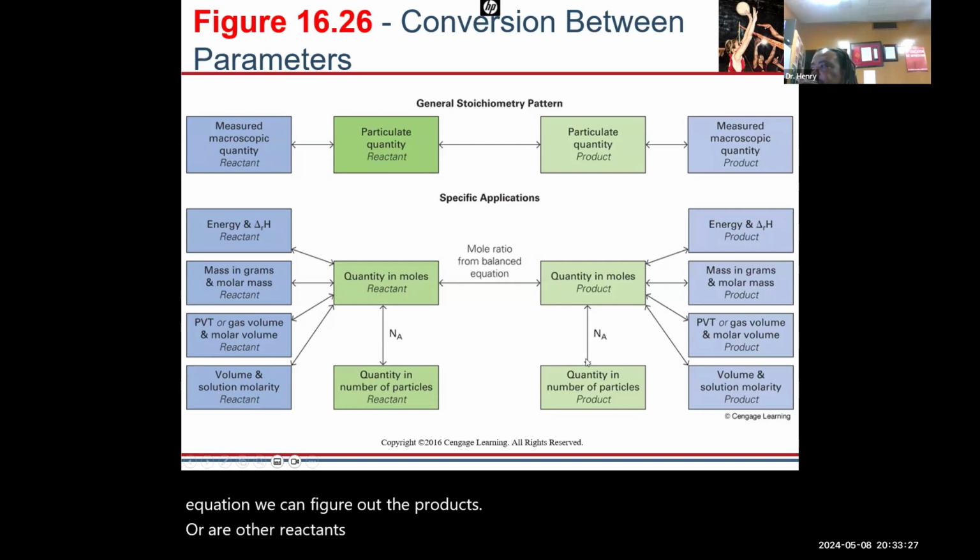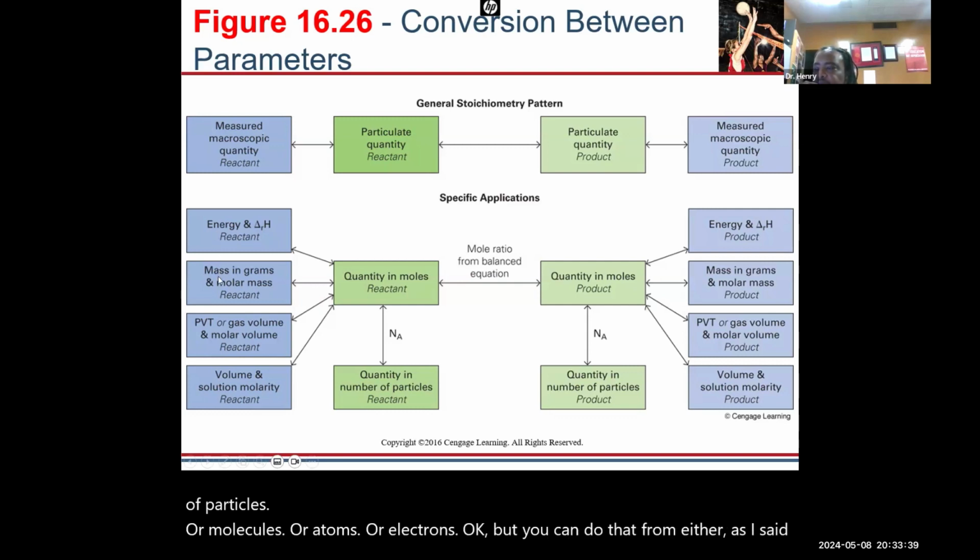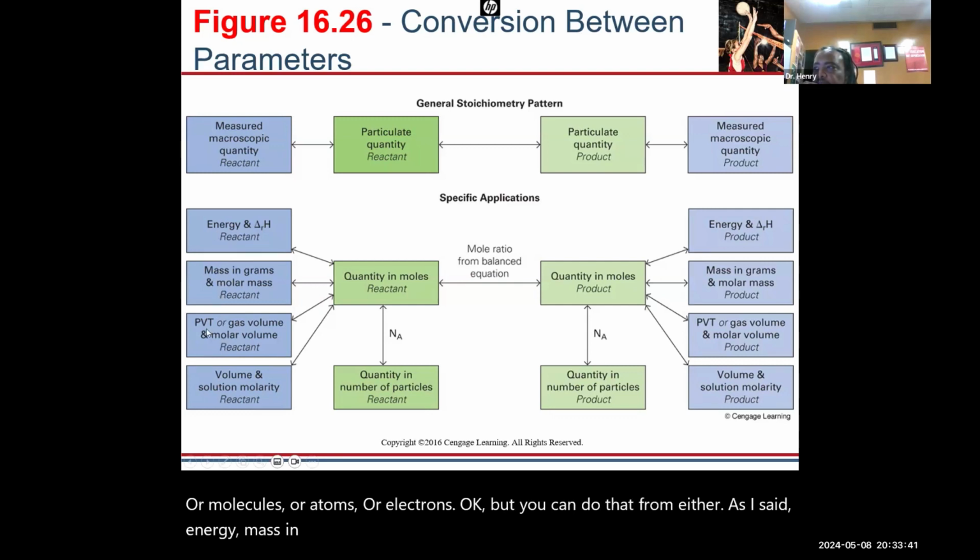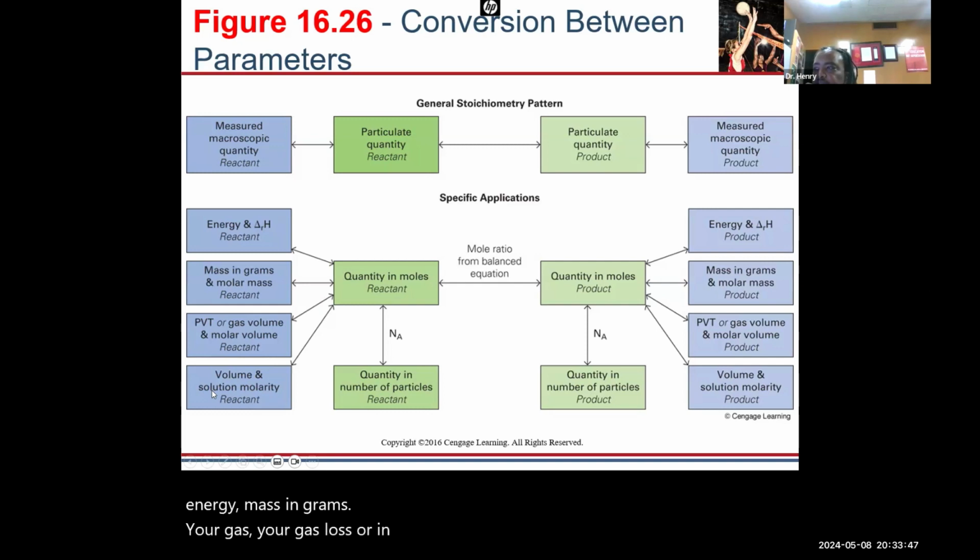And then we can figure out the quantity in terms of particles or molecules or atoms or electrons. Okay, but you can do that from either, as I said, energy, mass in grams, your gas laws, or in the case of your molarity or concentrations.